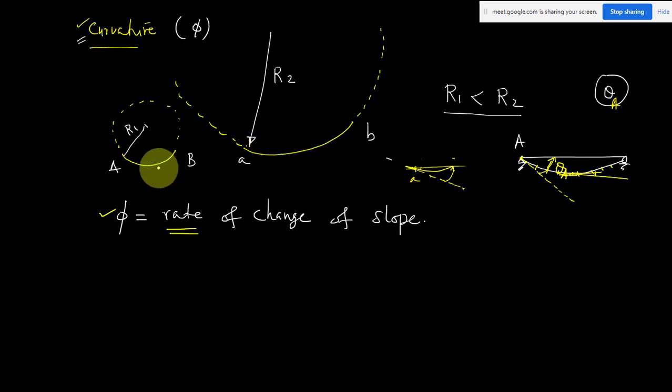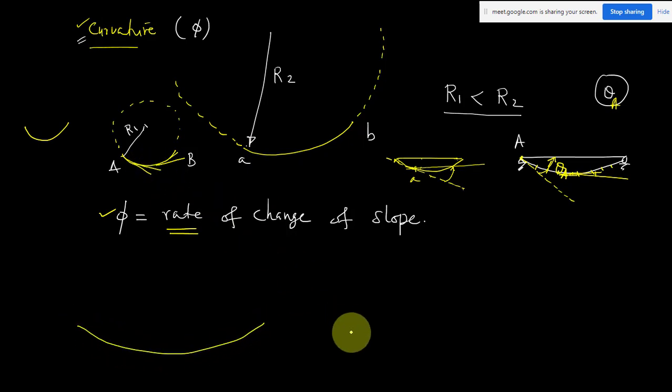You can easily understand that this curve has a very small radius, so the rate of change of slope will be more here compared to the second curve. Because this curve is a very smooth curve, something like this, and the first curve is like this. So here the rate will be more. Here I have this much slope, and here I have this, the change is more here.